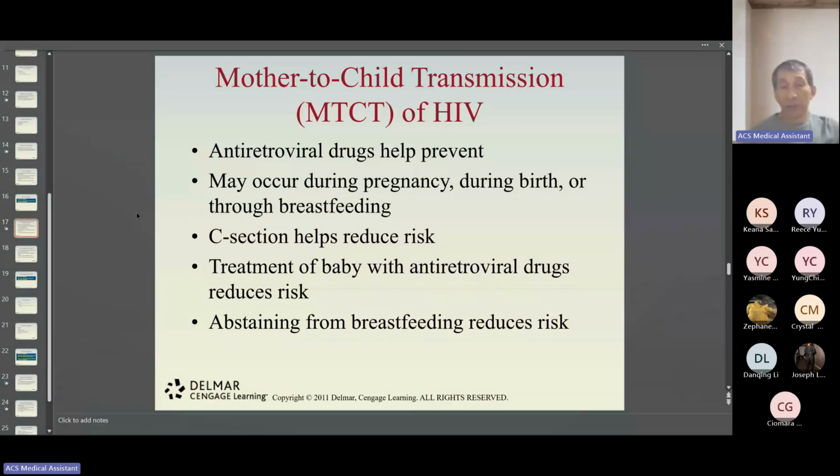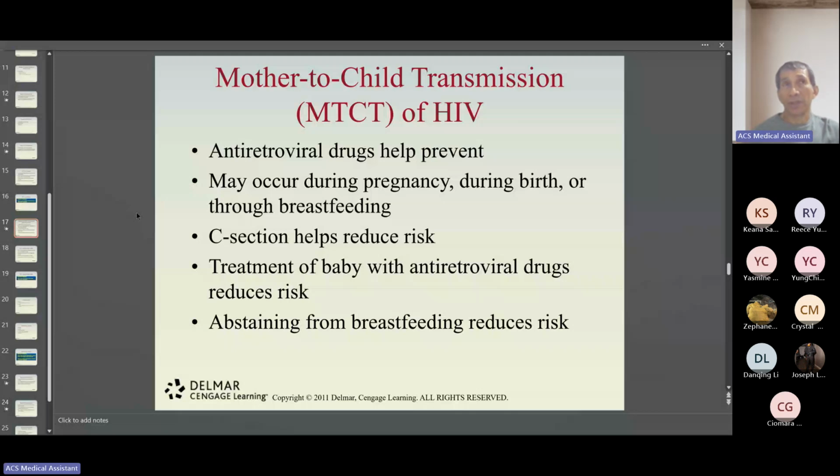Other times that a child can be exposed: during normal vaginal delivery, there is exposure to blood from the mother, versus if the child has a C-section. So normal vaginal delivery can put the child at more risk of developing HIV during childbirth.